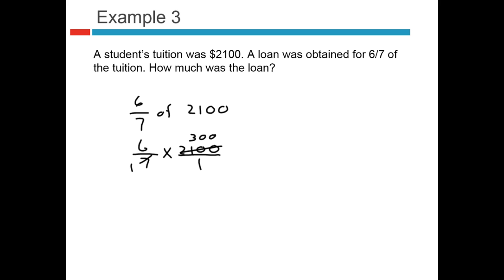Now this makes the multiplication much easier. We multiply the numerators together. 6 times 300 is 1,800. And in the denominator, we simply have 1 times 1, so we don't have to put that in. And so our final value for how much the loan was is $1,800.